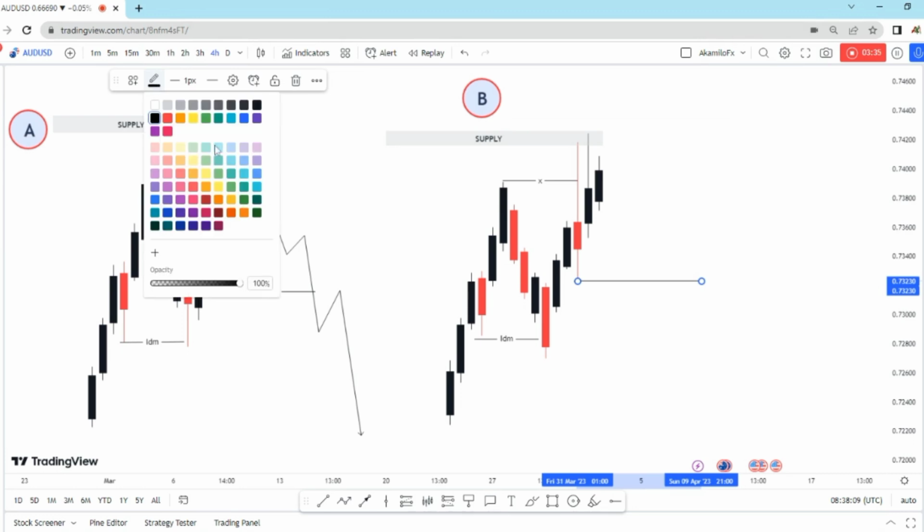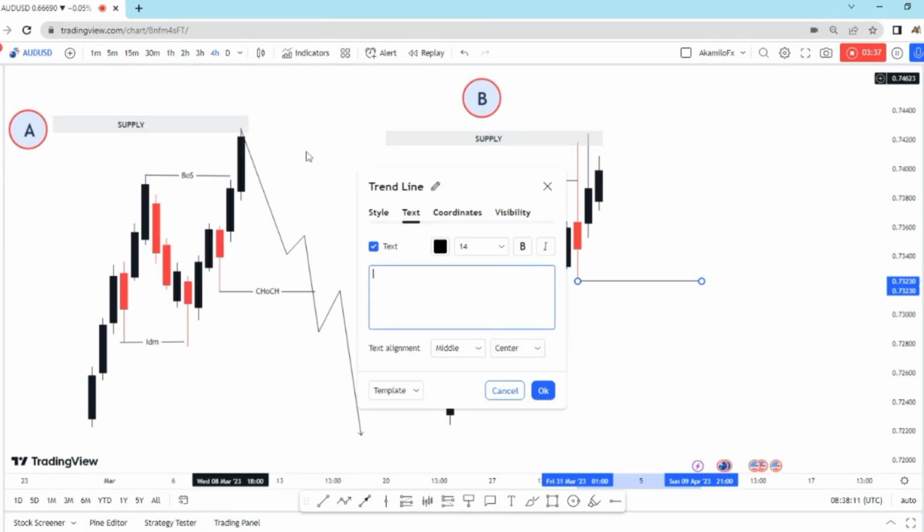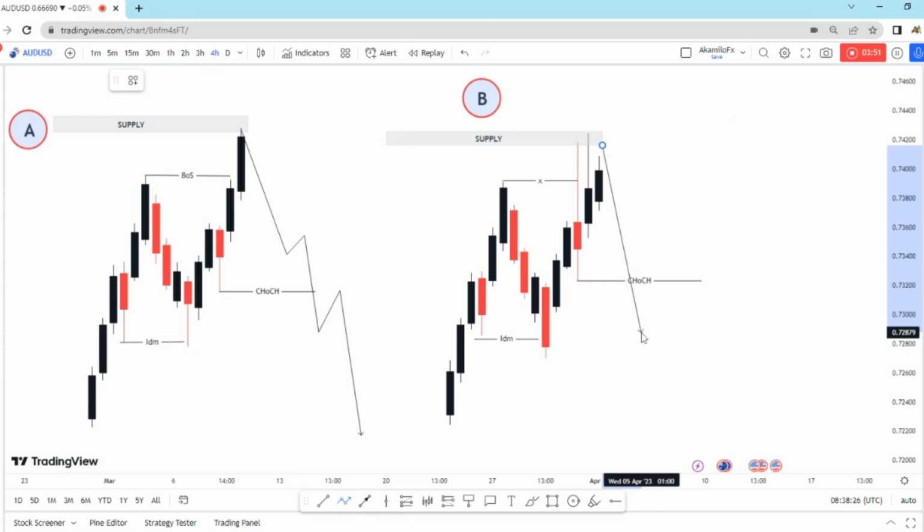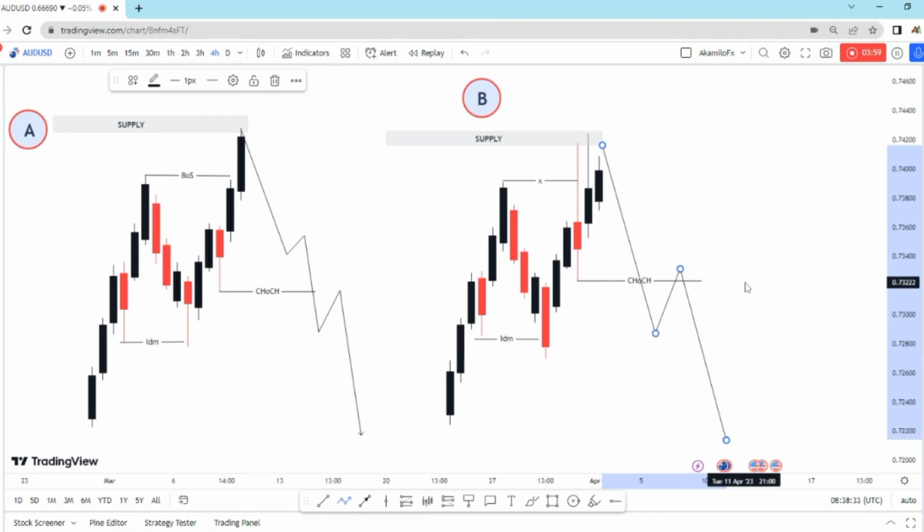So if price comes back later and takes this particular low, with a candlestick closing beneath it, then we take the sell move. That means the price has changed from an upside to a downside, and you will be looking for a sell. A change of character is formed. So this is how a change of character is formed if price taps into a supply zone in an uptrend.